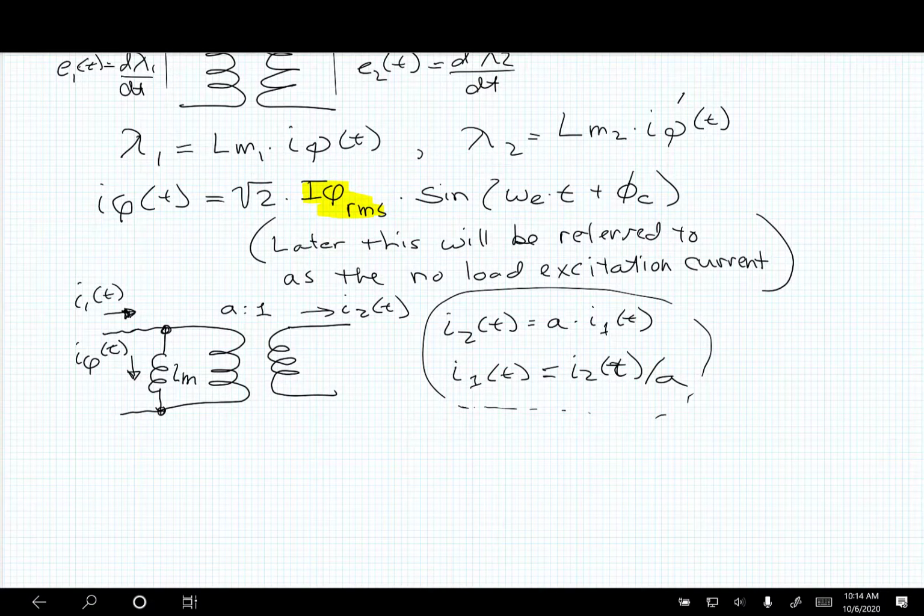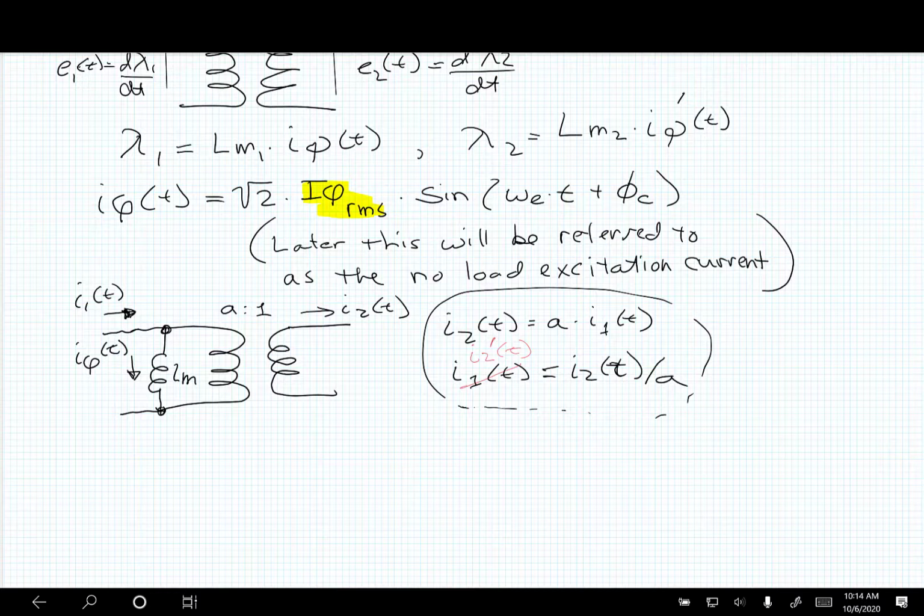But this is really not the appropriate way of referring to this quantity. I'm going to call this I2 of t prime. I'm going to use the prime whenever I move something from one side of the transformer to the other.